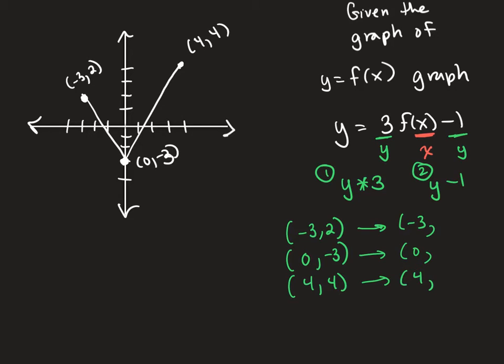I will multiply by 3, and then I will subtract 1. So 2 times 3 is 6, and 6 minus 1 is 5. Negative 3 times 3 is negative 9, and negative 9 minus 1 is negative 10. And 4 times 3 is 12, and 12 minus 1 is going to be 11.